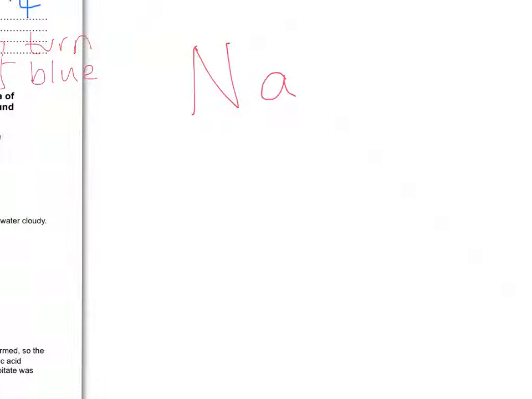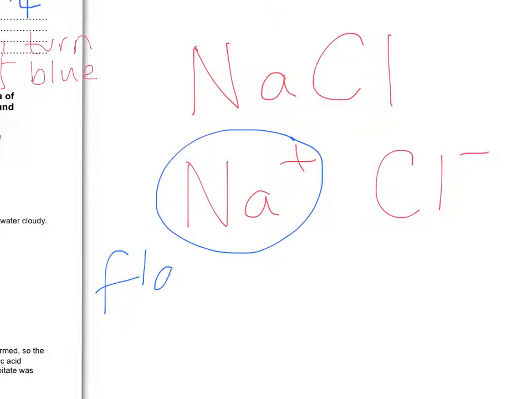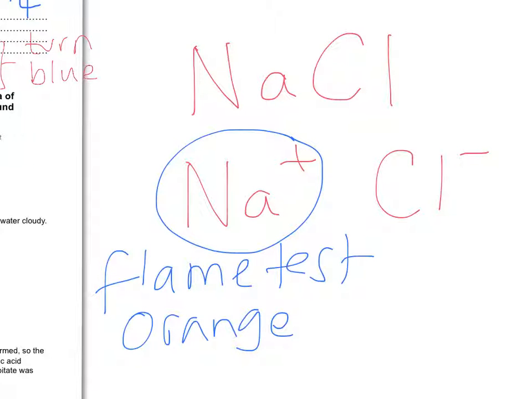So let's take an example of sodium chloride. This has got the Na+ ion in it, and it's got the Cl- ion in it. If we want to find out that we've got sodium chloride, we'd have to do 2 different chemical tests. We'd do 1 test for the sodium ion, a flame test, and we'd get our orange flame, which in these notes is called a yellow flame.